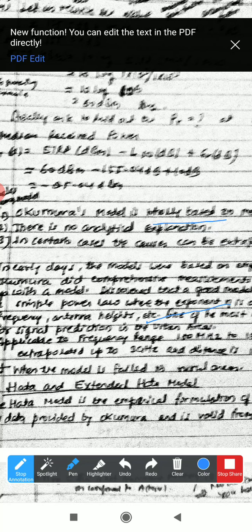But now this proposed Hata and extended Hata model, this Hata model is an empirical model of the graphical path loss data provided by Okumura and is valid from 150 MHz to 1500 MHz.